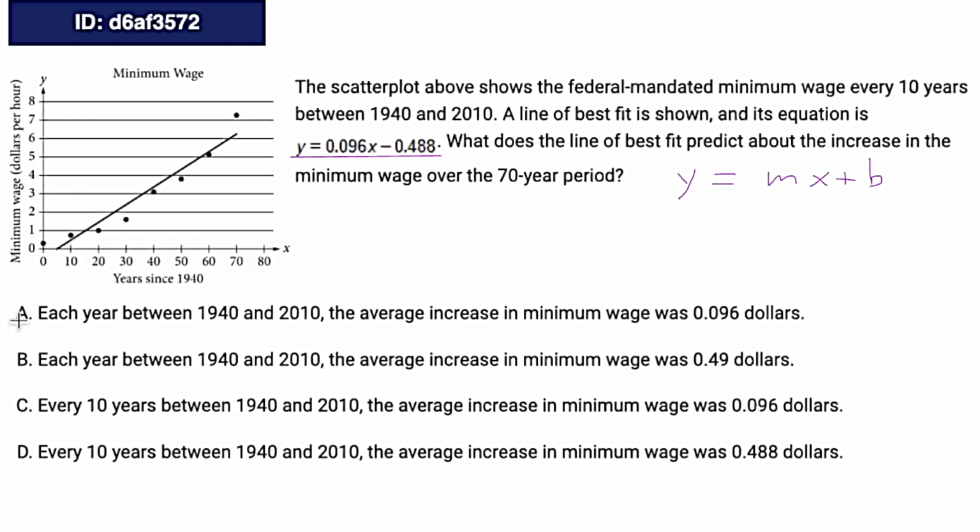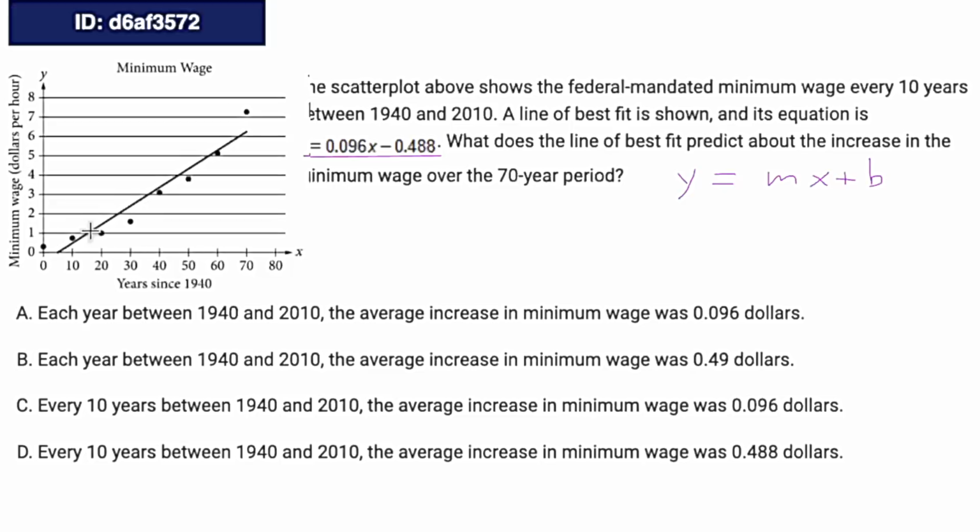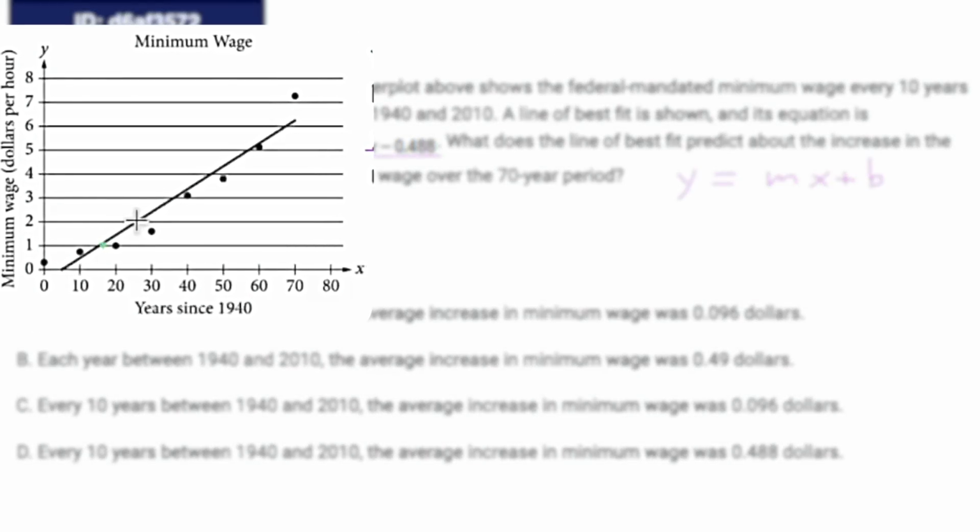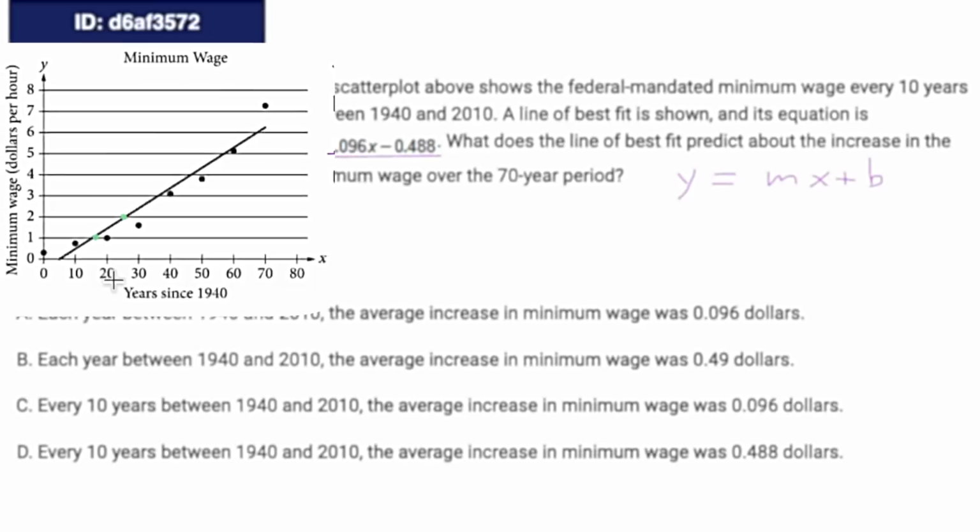A says each year between 1940 and 1910, so every year. Now keep in mind, this is going by 10 years, right? Each year, the average increase was $0.096. So let's look at this. If we go roughly from here to here, that's about $1, right? And that's over the span of 10 years.